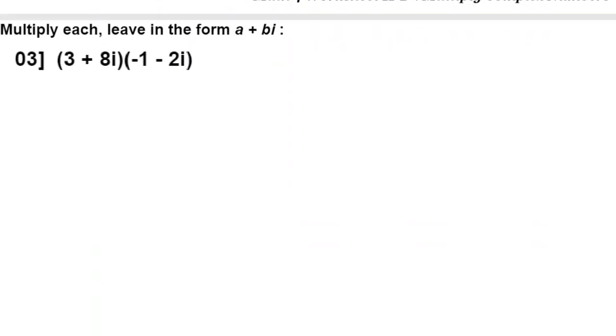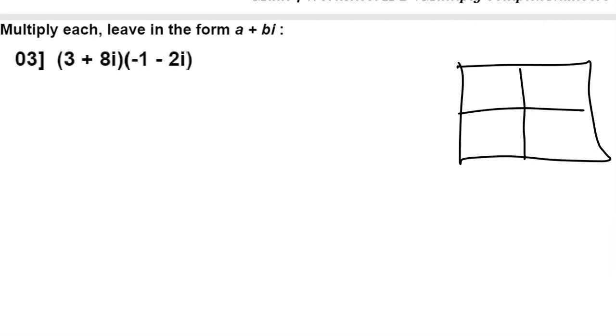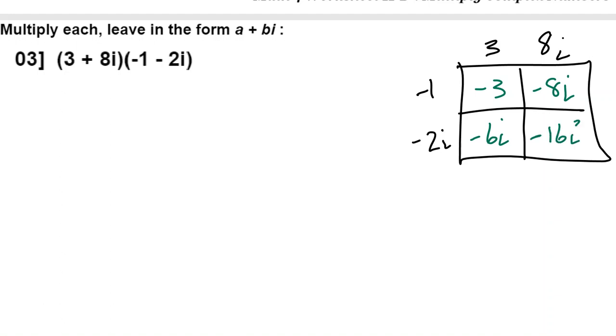Now we're back to the box again. -1 minus 2i. Got to watch your signs here. -1 times 3, -1 times 8i, -2i times 3, -2i times 8i is -16i squared.